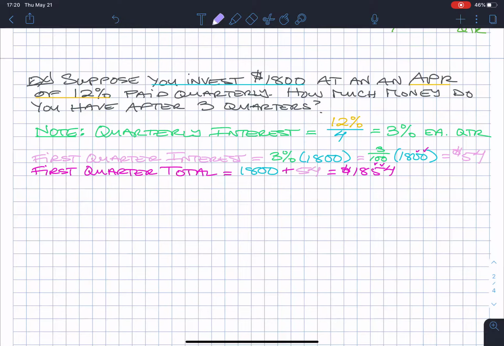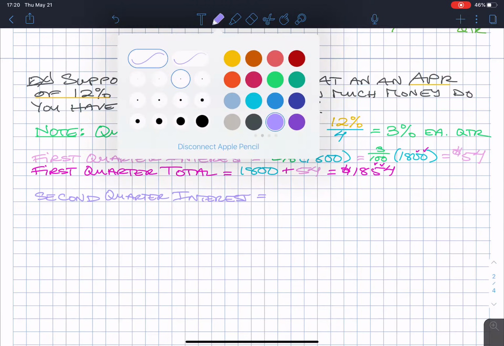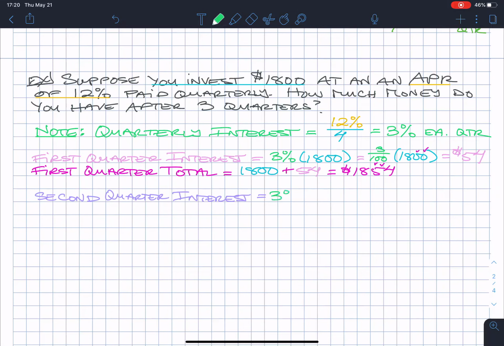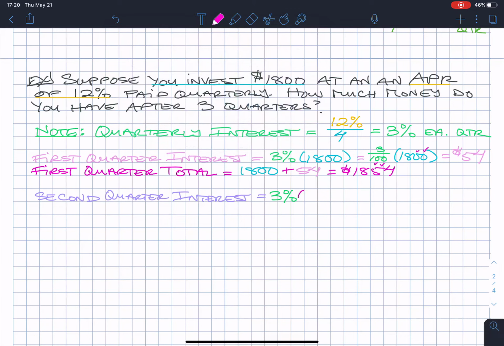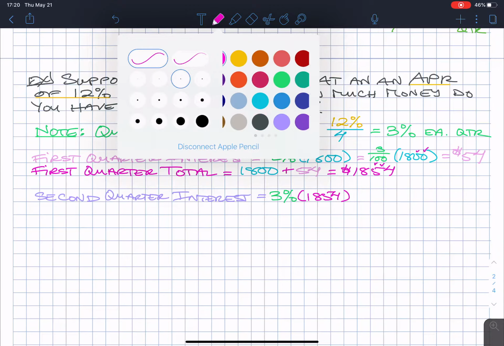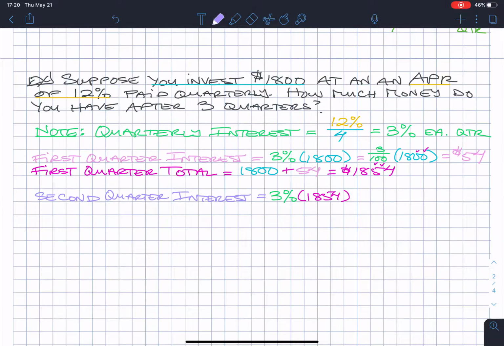Okay, let's look at our second quarter interest. Now this is no longer simple. Now it is genuinely 3% on the amount I have. And that amount is $1,854, because we said nothing about the interest just being on principal.